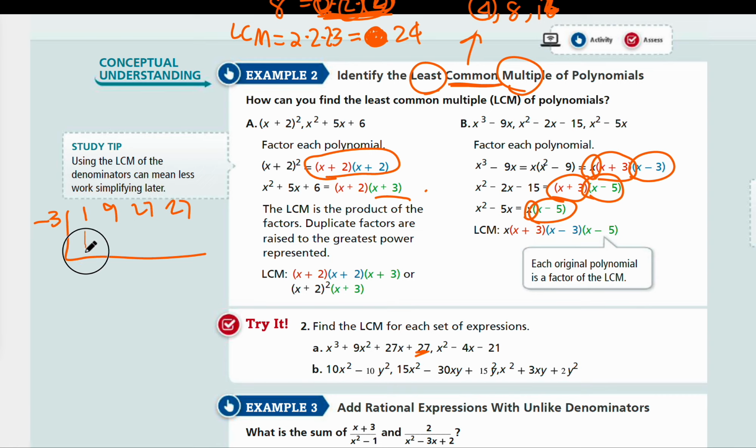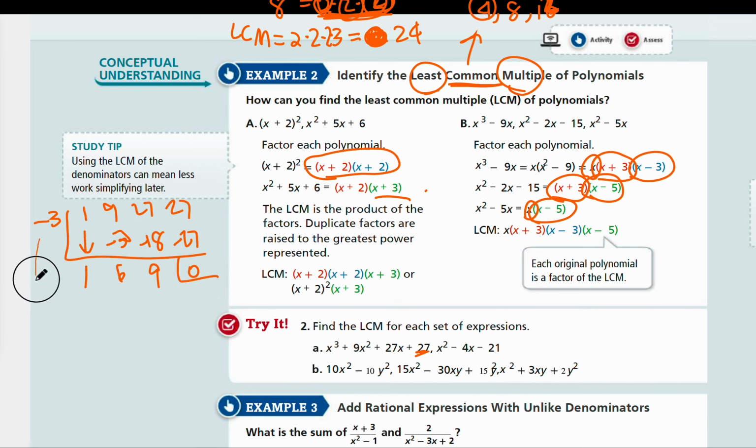So let's check. So you put down 1, multiply by -3, and then you add, multiply, and then you add, and then you have a remainder of 0.